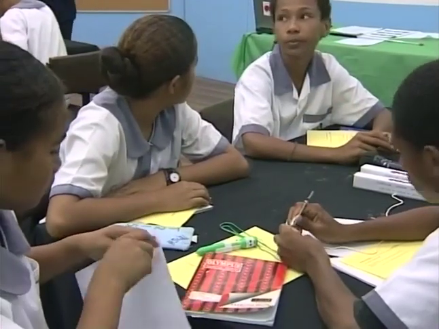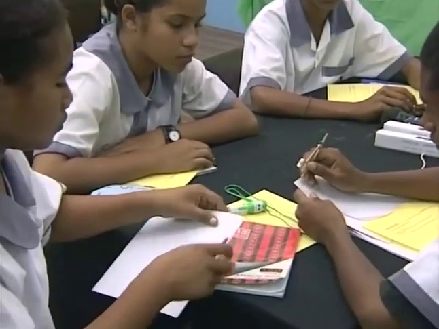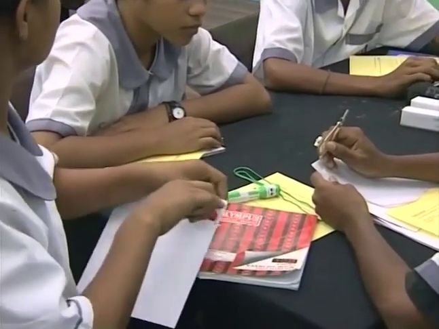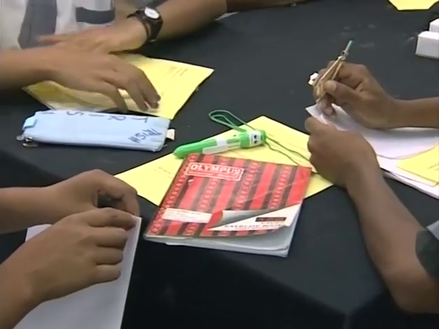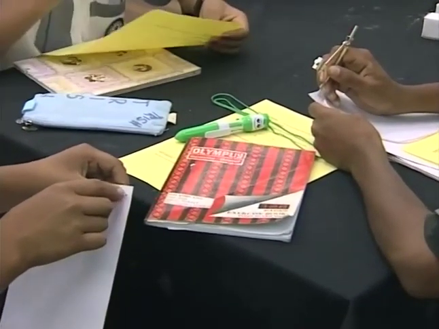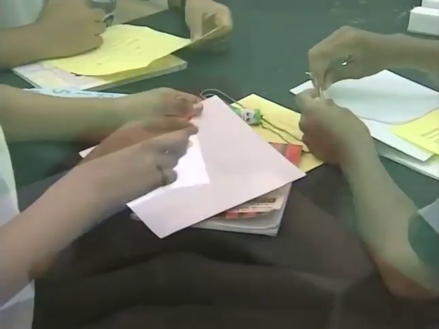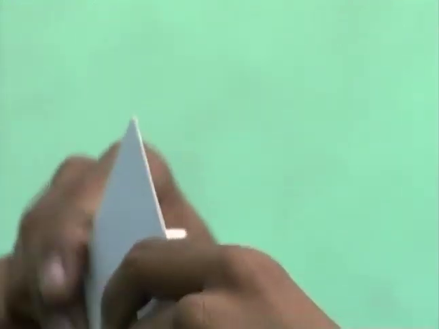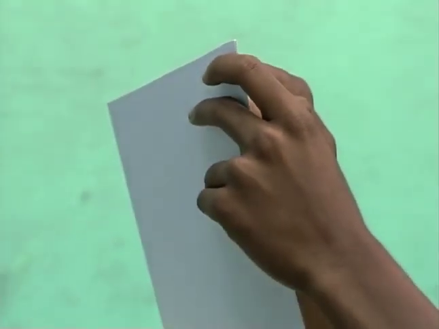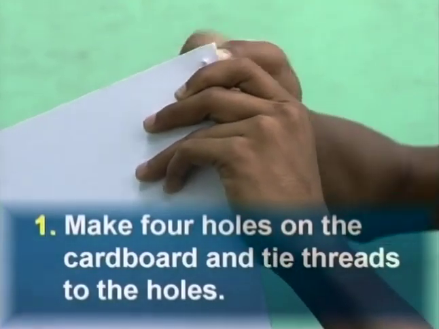There are about 3 things that you are to do within those 2 instructions. You have to make 4 holes on the cardboards. That's the first thing. Second, you have to tie threads to the holes. And third, it says, use 2 spring balances to pull from each end. So there are about 3 instructions on the screen.